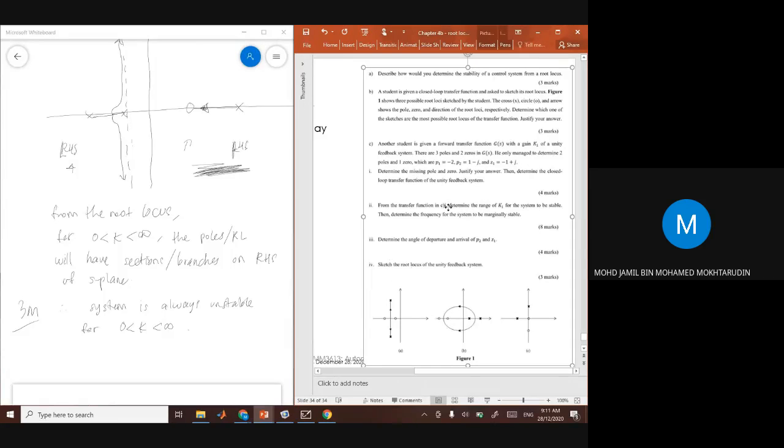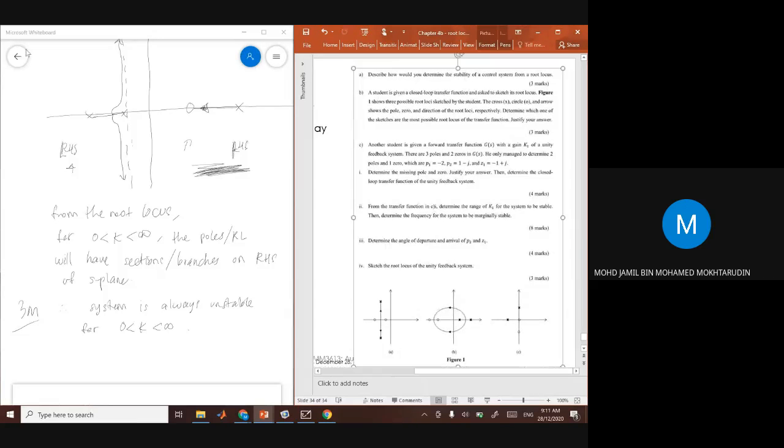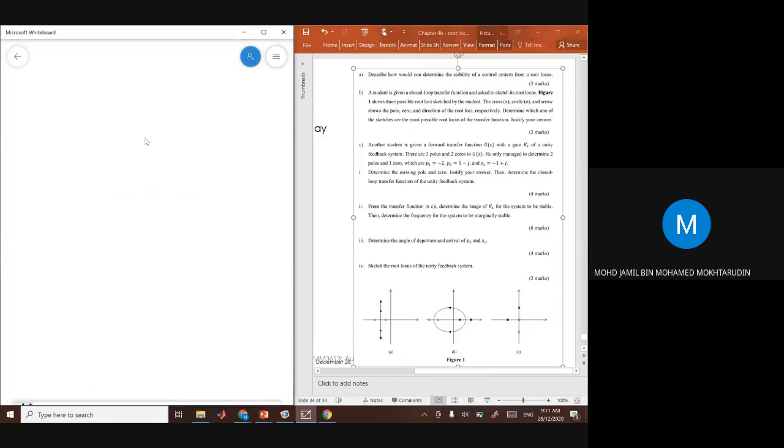Okay, take-home quiz number 2. So question A, describe how would you determine the stability of a control system from a root locus. So this question asks you to describe how you can determine the stability of control system from root locus.